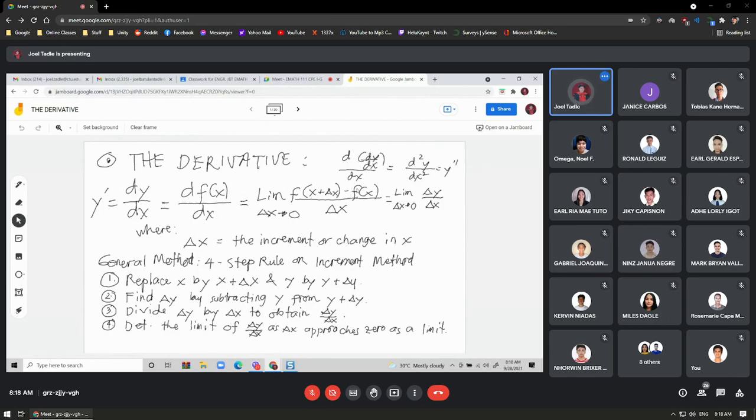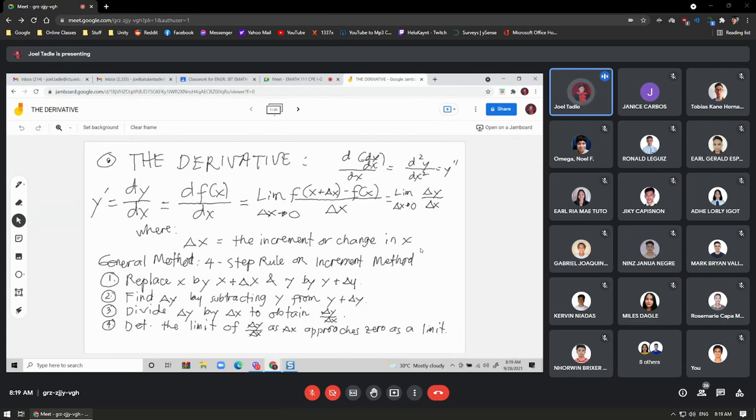So function of x plus delta x minus function of x is just equal to delta y, the change or the increment in y. Then delta x is the increment or change in x.